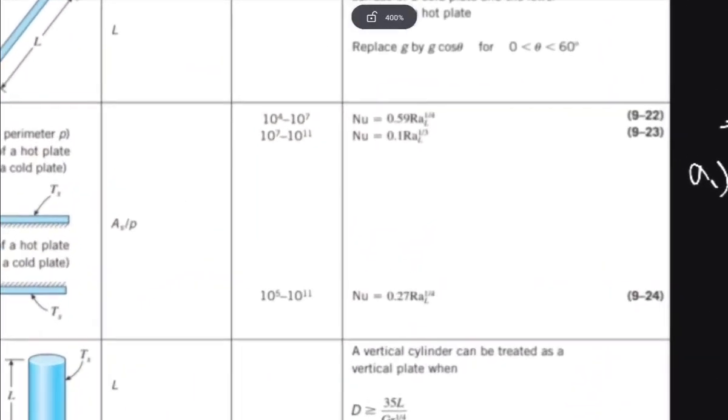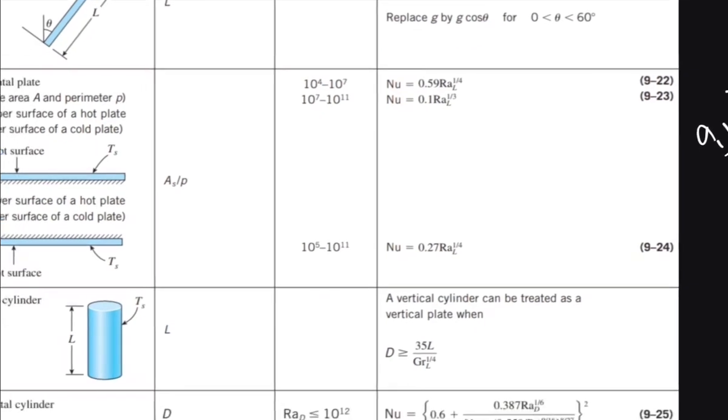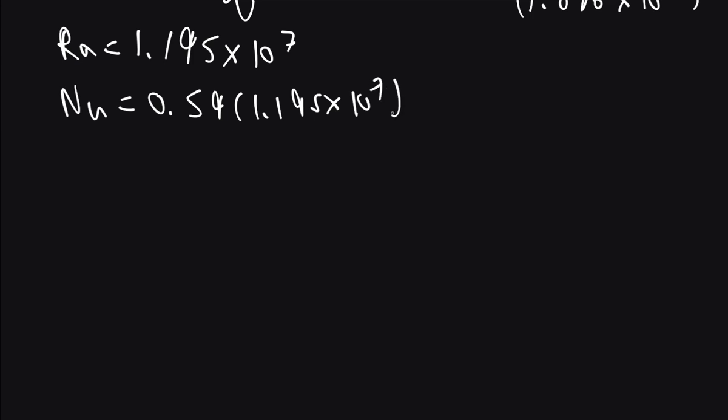So the Nusselt number, 0.59 times 1.195 times 10 to the 7th to the 1/4 is 31.75.